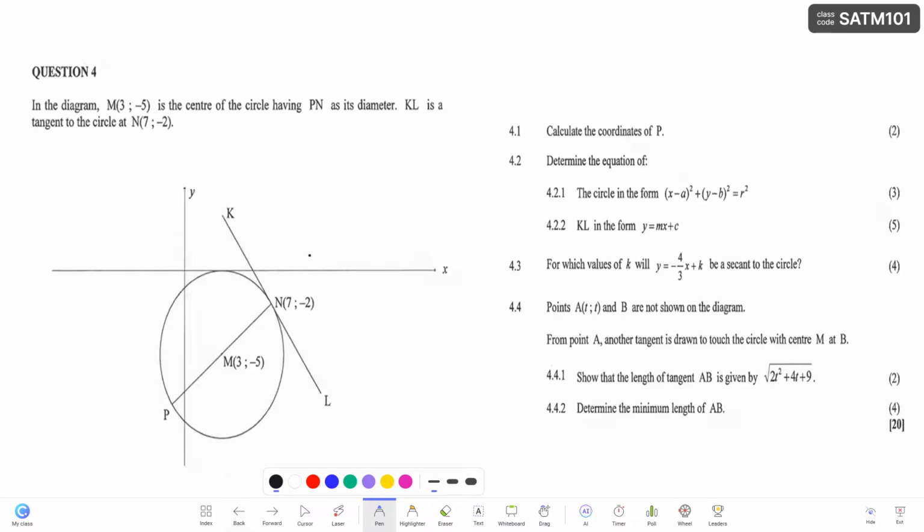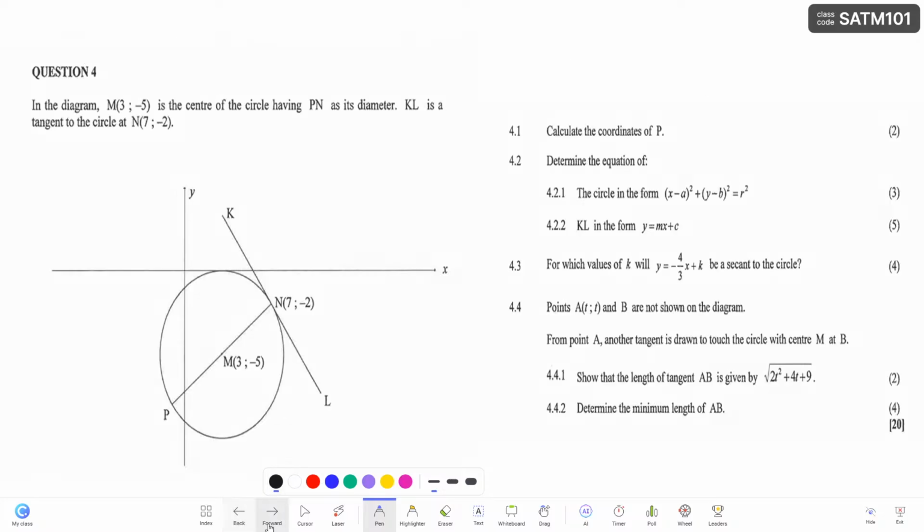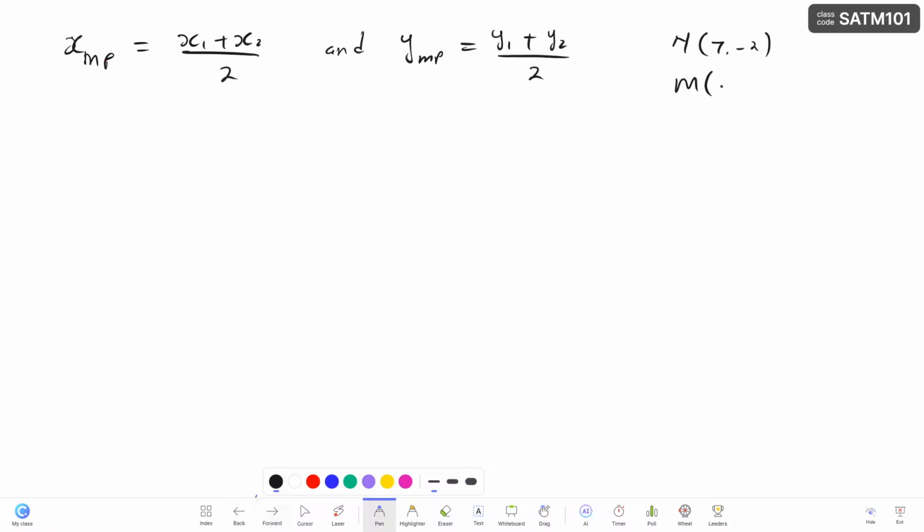So let's go back. What do we have? We have N, which is (7, -2). N is a point, it's not a midpoint. Our M is (3, -5), which is the midpoint.